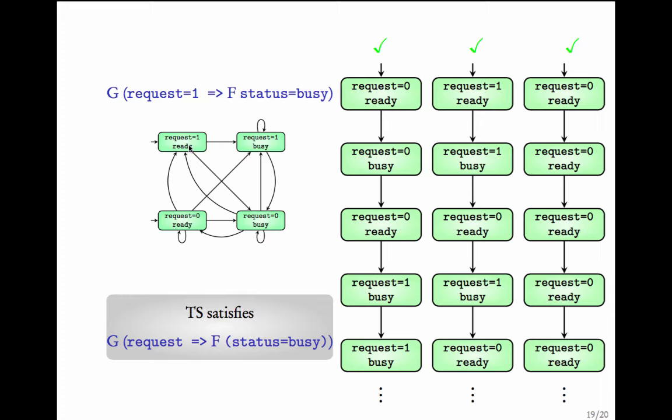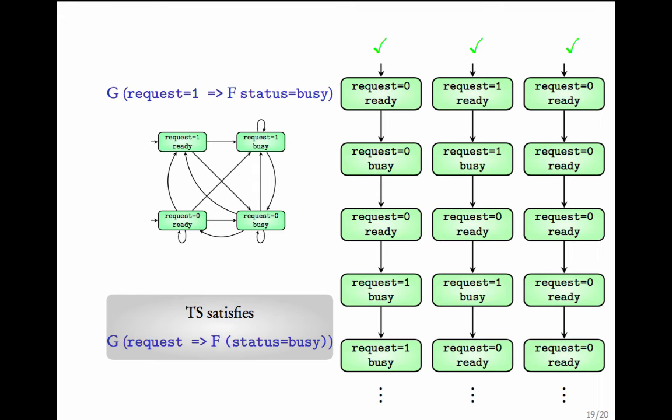That means all the executions satisfy the requirement that whenever request becomes true, the status becomes busy in the future. It is not easy to check this requirement just by looking at this example. This is where the use of NuSMV becomes important.